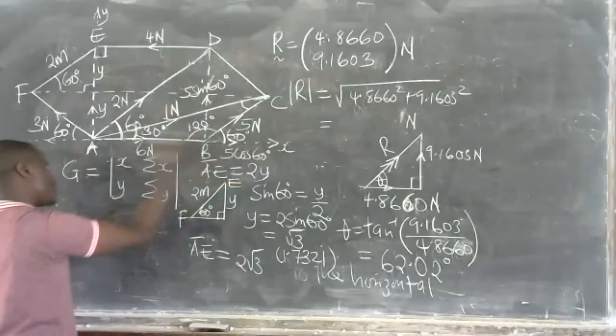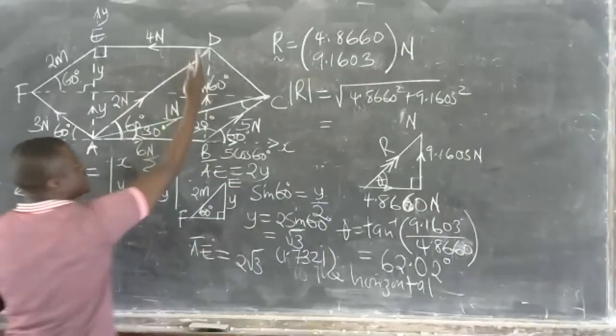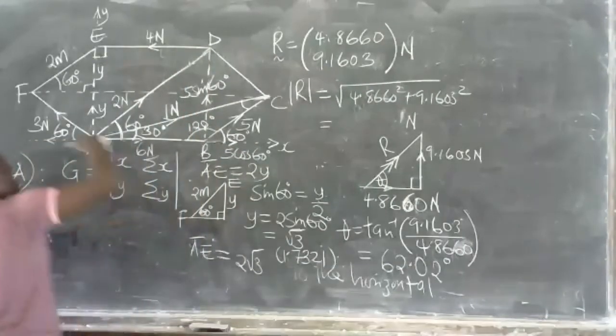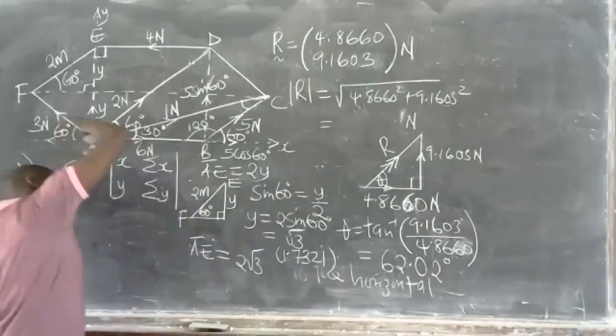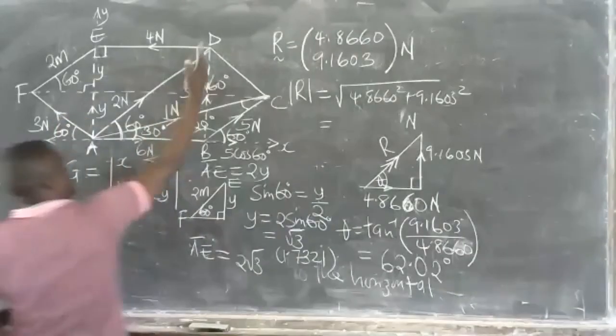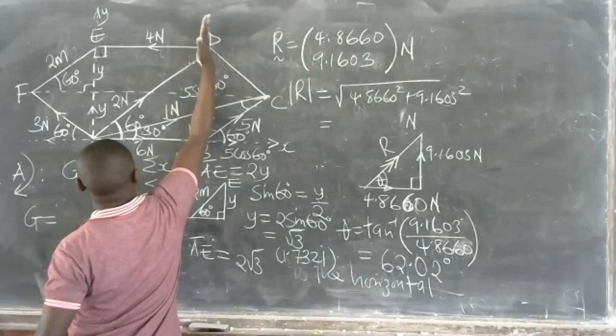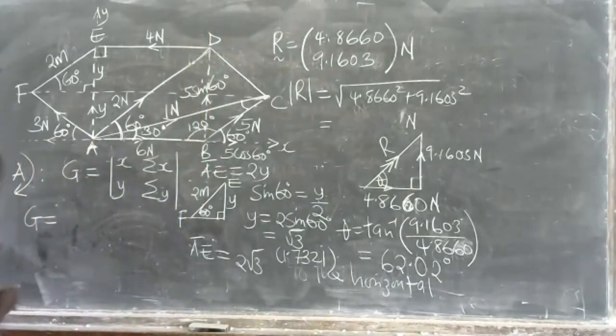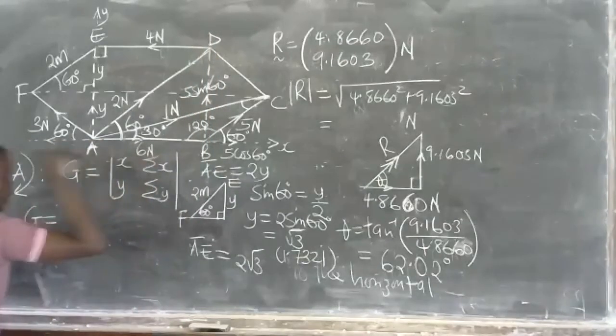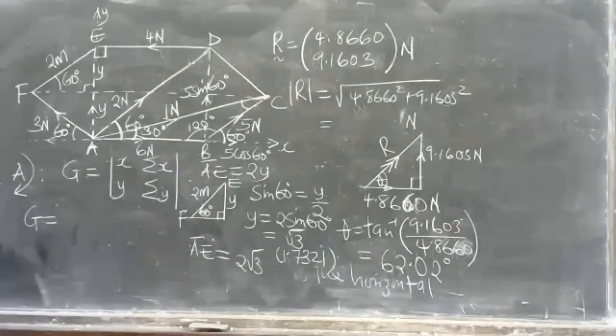Horizontal component, no moment. The vertical component is this, whose perpendicular distance is length AB. The perpendicular distance to this component is AB, and AB is known to be 2 meters.